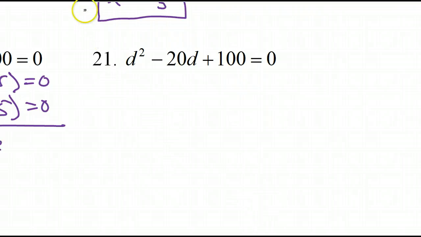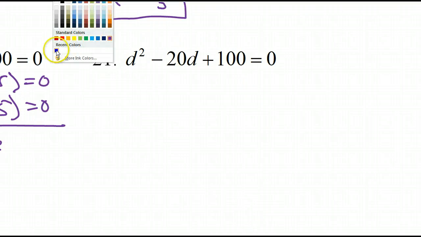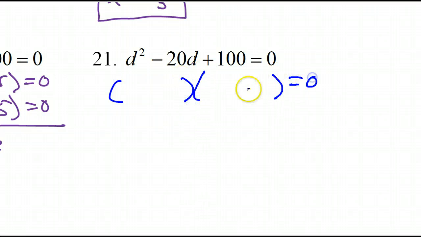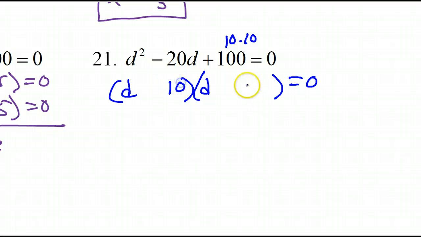Alright, looking at number 21. No GCF. Okay, kind of a big number there. We'll see what happens. 100. Alright, first guess is 10 times 10. And I'm seeing the 20, so minus 10 would make negative 20.